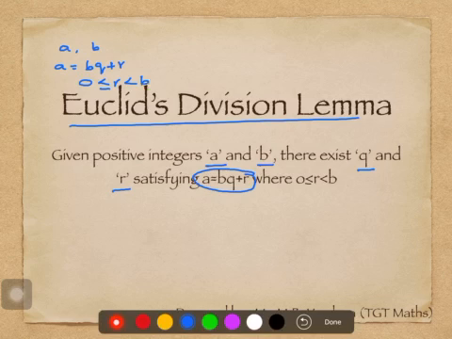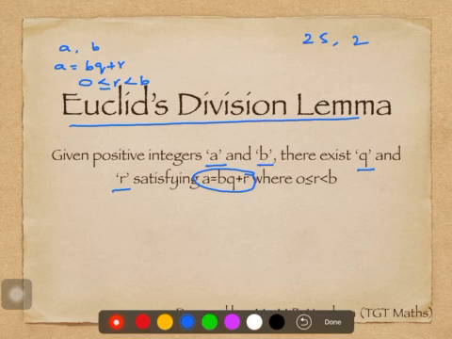This is the definition. Let us explain Euclid's division lemma with two positive integers, like 25 and 2. Here we are using the fundamental operation division on these two numbers, that means we are dividing 25 by 2.